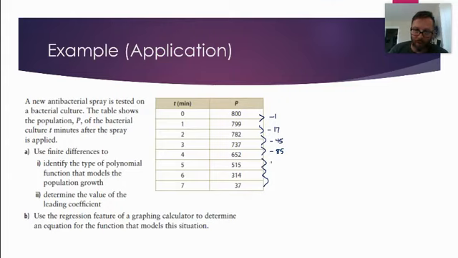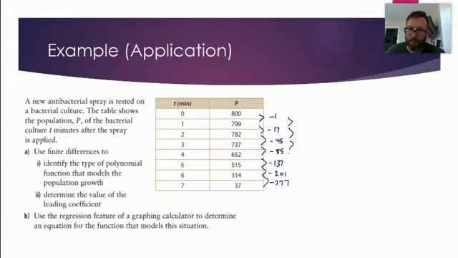Down 137, it looks like. Down 201. I've got to check these. 137 is good. 314 minus 515 is good. And 37 minus 314, negative 277. So it's not linear. Let's continue.